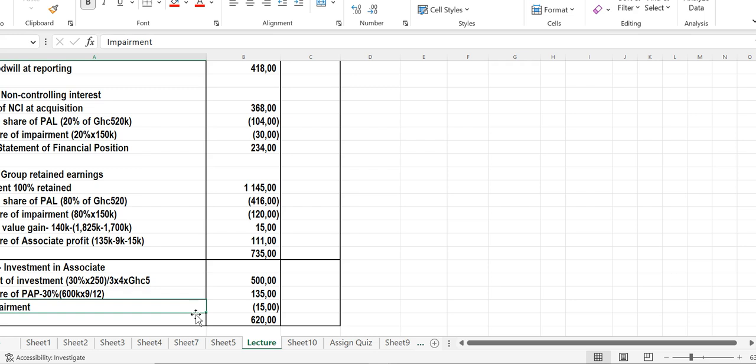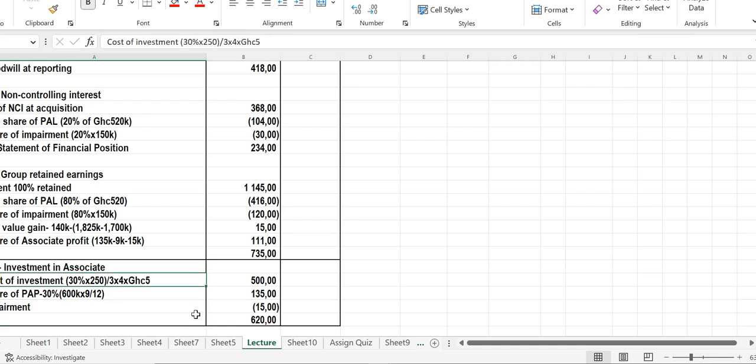Okay. But if the profit was made by the parent and the inventory was with associate, because we do not add associate figures, then it means we have to take the unrealized profit from the associate, investment in associate. So you must recall how to treat this.